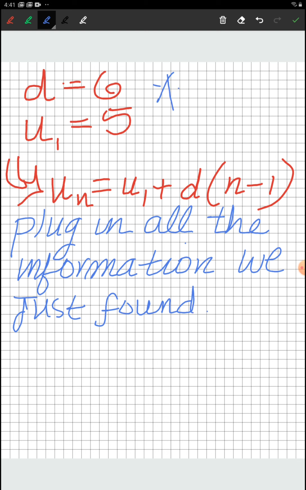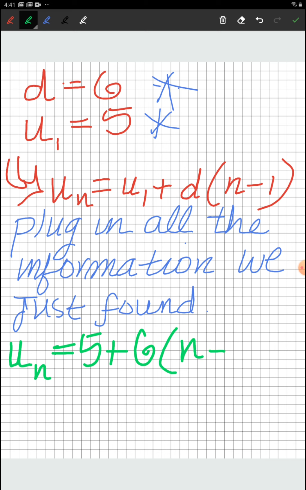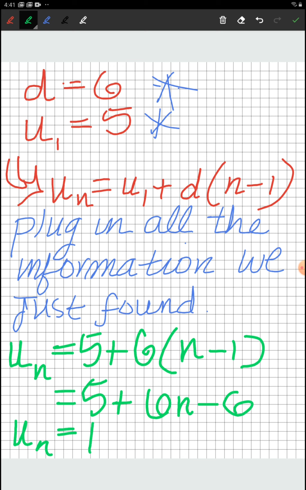They did not give us these. We figured these out on our own. Now we're just going to plug them in. So u sub n equals, the first term is 5, plus the common difference is 6, times n minus 1. So the general formula is 5 plus 6 times n minus 1.